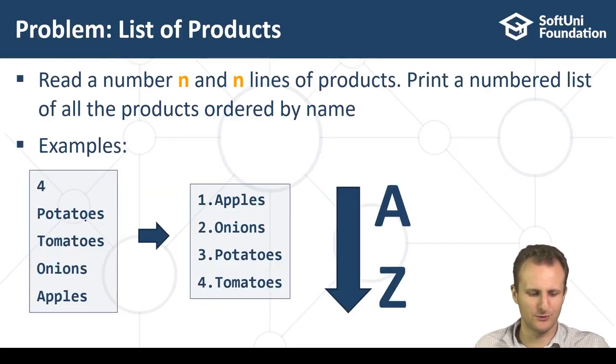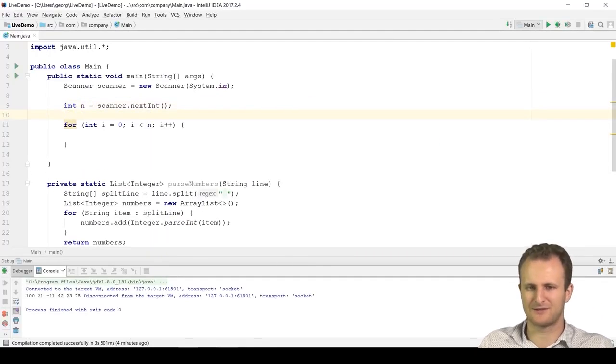And what do we do with this? Well, we will need to enter products. Products are strings, and since we will have many of them, we will add them to a list. Now, we do know how many of them there are, so we can optimize the list initialization by saying this is a list of strings, and this list is the products. Again, I'm using the terminology used in the task to ease my naming of the variable, so I know what this corresponds to from the task description.